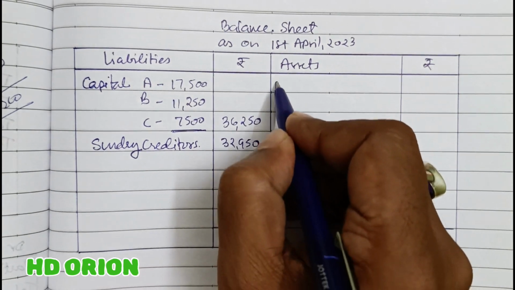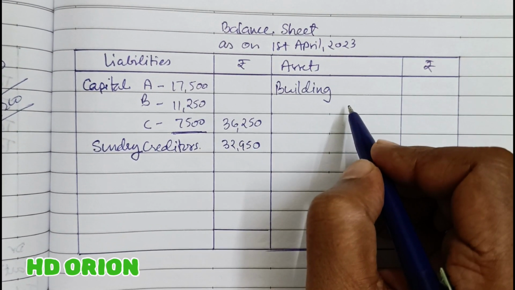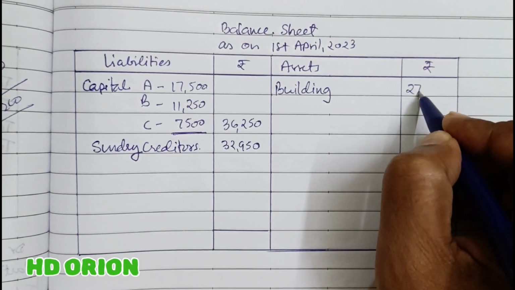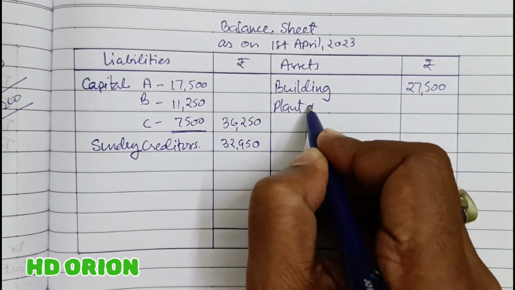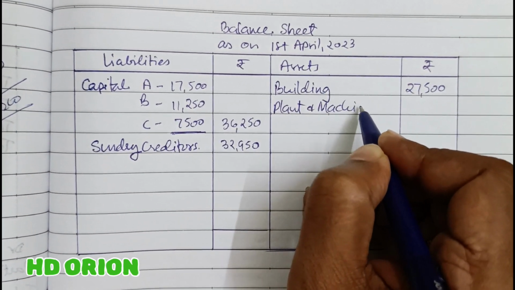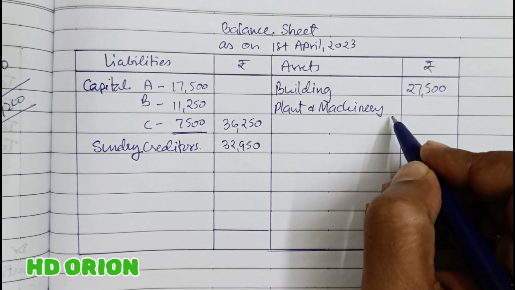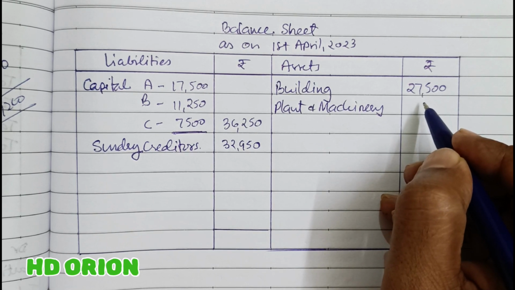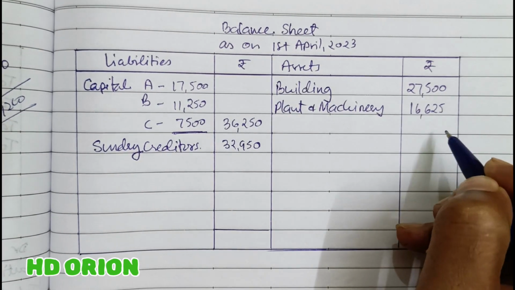Then comes the asset side, building. Building was 25,000 and it increased by 2,500. The total is 27,500. Then plant and machinery has reduced by 5% from 17,500. It has come down to 16,625.